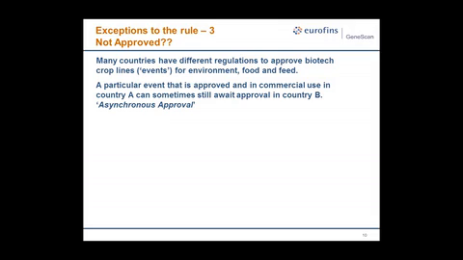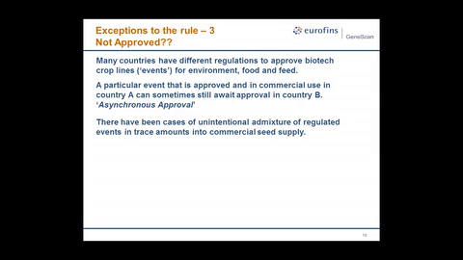So in country A, it might be entirely legal to sell a seed, but in country B, it's still illegal. And because there's no reason not to plant in the US when you're still awaiting approvals in the EU, this creates the situation where, unfortunately, some commingling might happen and you end up with an unapproved event in your shipment.